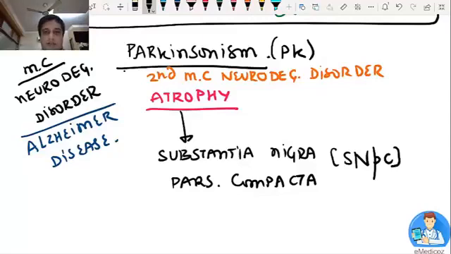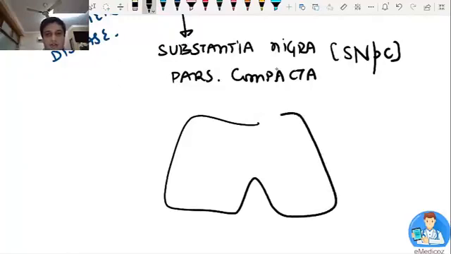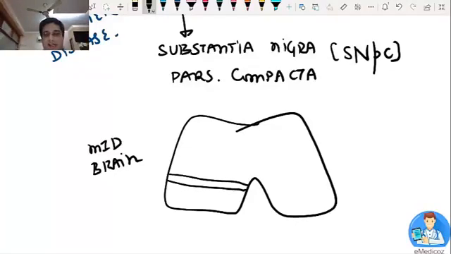But why does this all happen? Let me draw a transverse section of the midbrain and try to show you. This is your midbrain. As I told you, the anterior part of the midbrain carries down the corticospinal tracts. Just behind that is a deeply pigmented structure, the substantia nigra pars compacta.